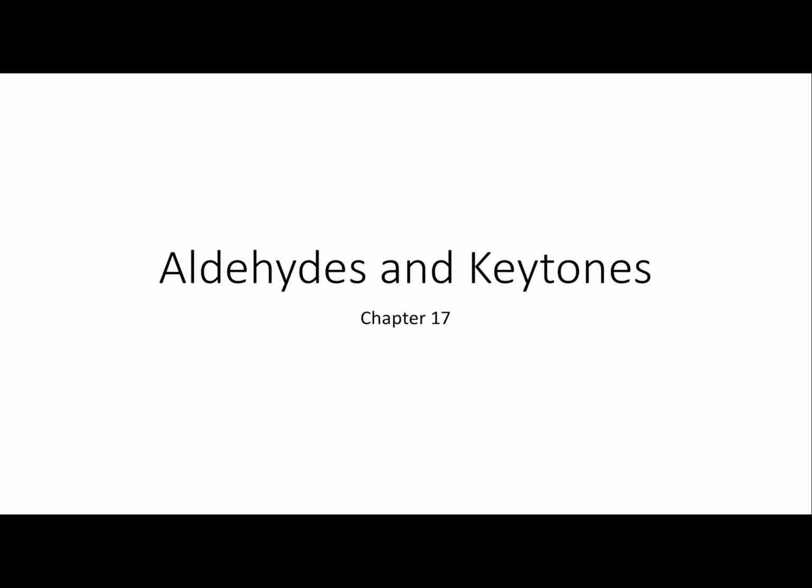In this chapter we are going to be looking at aldehydes and ketones. We'll look at how to name them, we'll look at how to identify them, we'll look at some of their characteristic reactions.